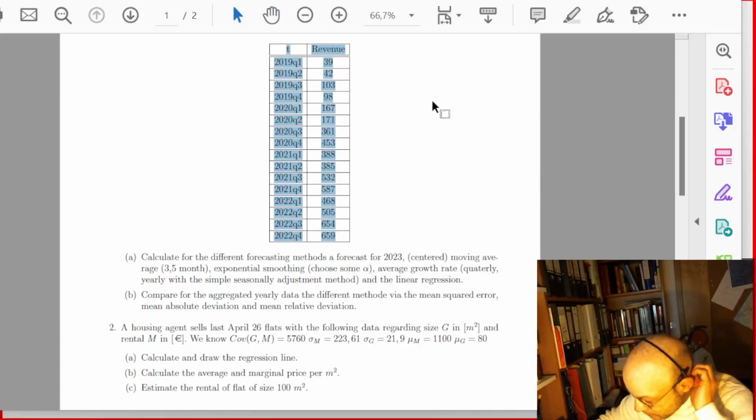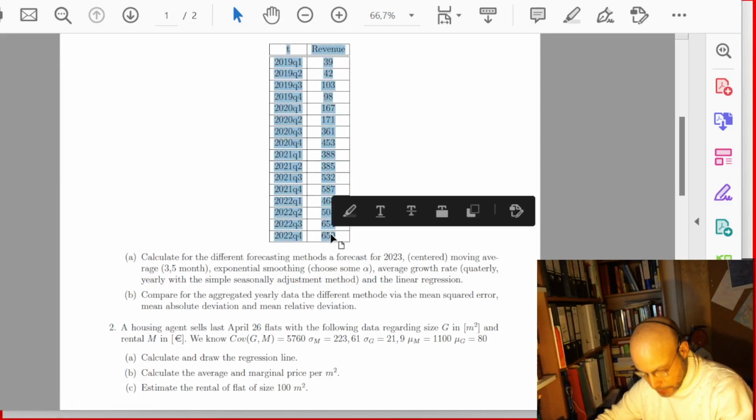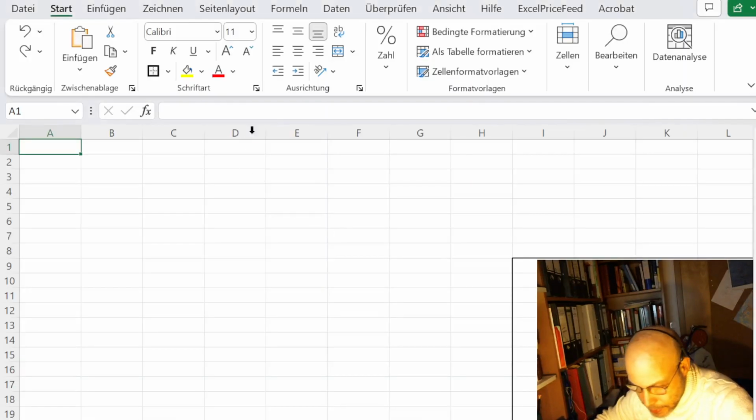So, we have a little time series, and we should apply our different forecast methods, and therefore we just take our data and put this data in an Excel sheet.